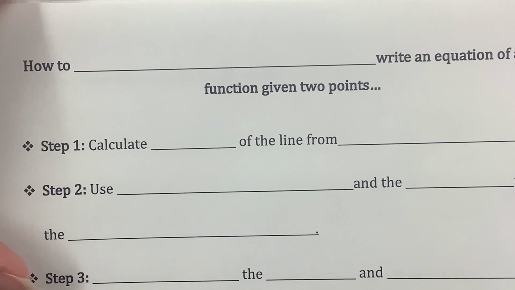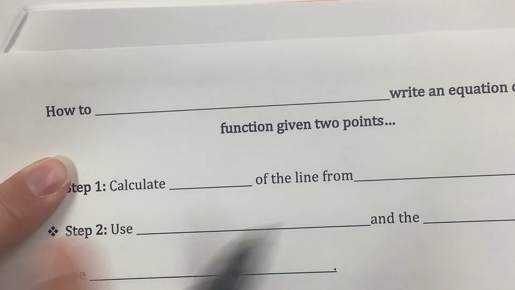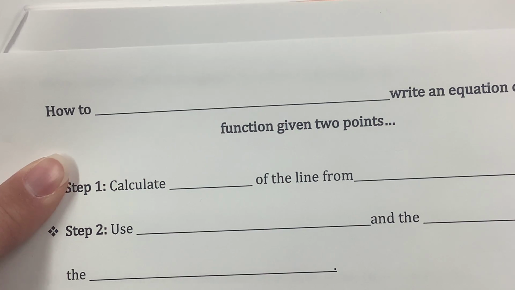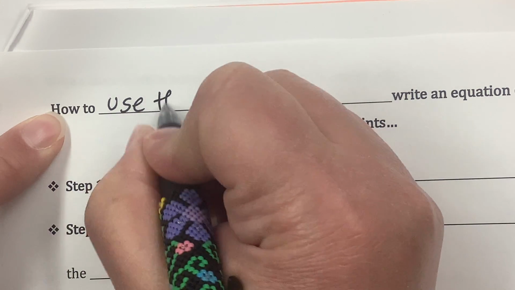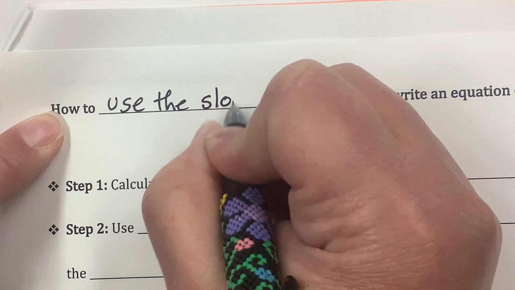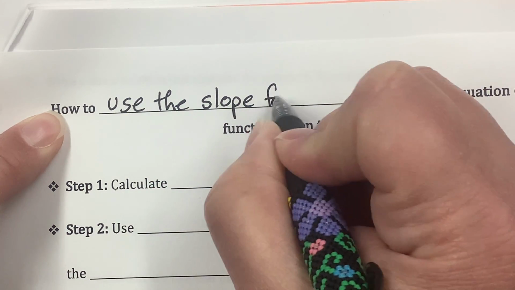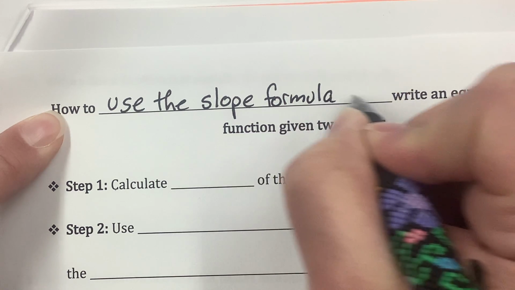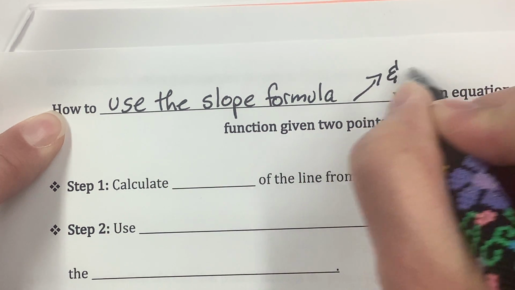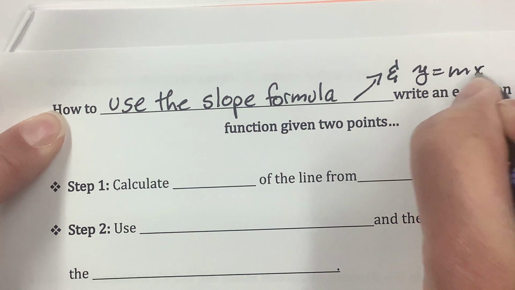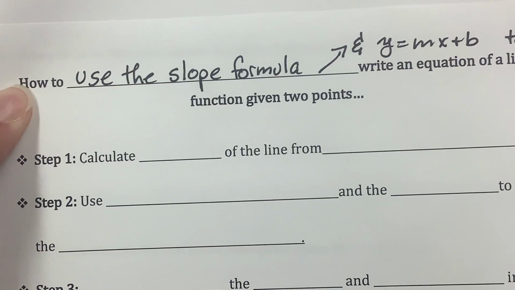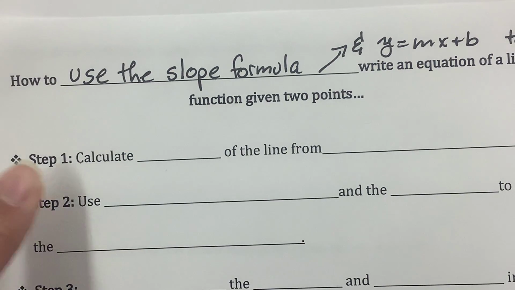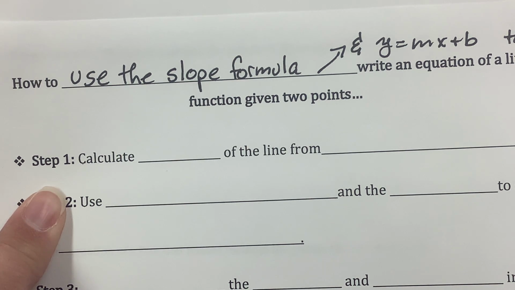How to use the slope formula and y equals mx plus b to write an equation of a linear function given 2 points. I have to write smaller. Okay. Step 1, what did we do first? Calculate the slope of a line.